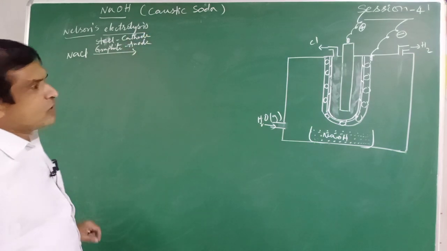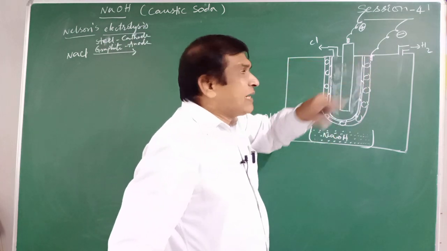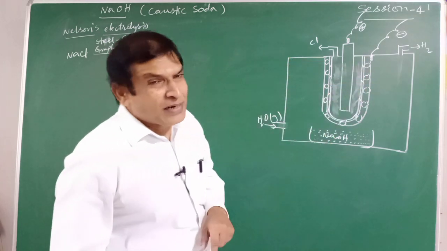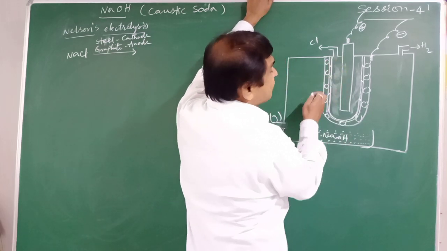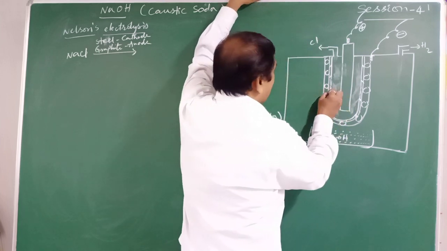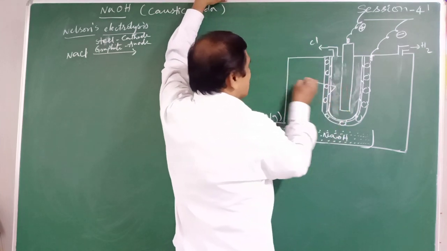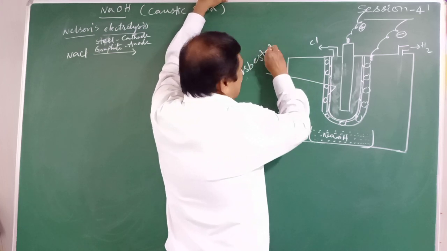I repeat again. The U-shaped perforated steel vessel is acting as cathode, itself acts as cathode, and the inner side of the cell is lined with asbestos. This is the graphite anode.